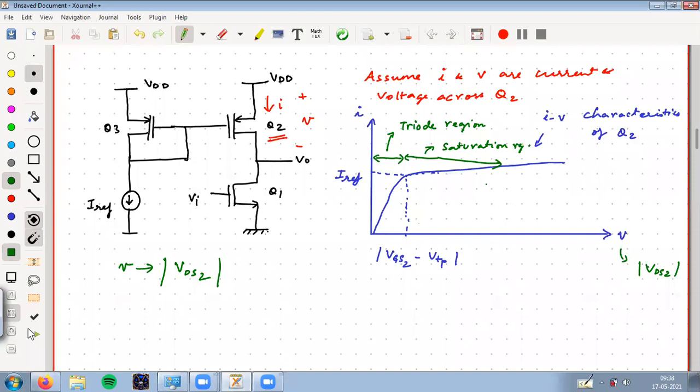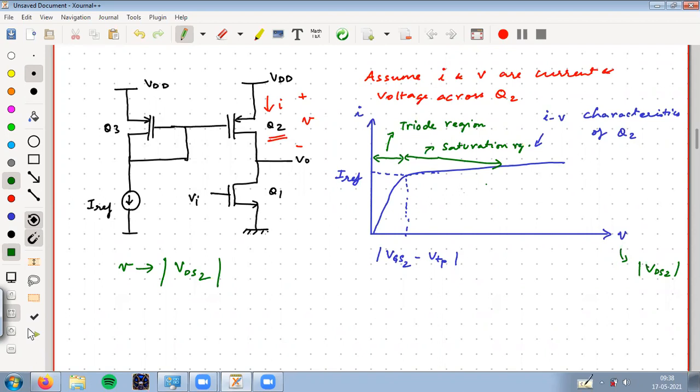Anyway, now for Q1, I will draw the IV characteristics and I will merge the IV characteristics of Q2 and Q1 to obtain the VTC curve, right? You must have already done this while drawing the VTC curve of CMOS in the last semester.